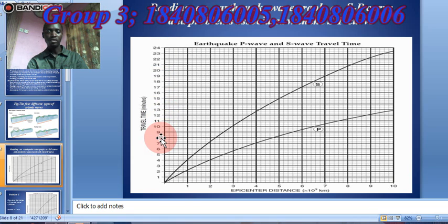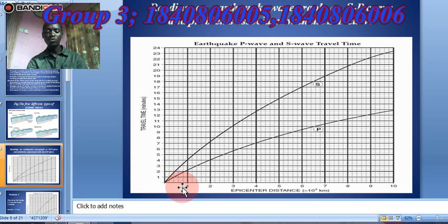We have the y-axis, which represents time, and the x-axis, which represents distance to the epicenter. So this is actually a reflection of what is happening on a seismogram. The time here is calibrated in minutes, from 1 to 24 minutes, and the distance is calibrated in kilometers, as you can see, from 1 up to 10 thousand kilometers.